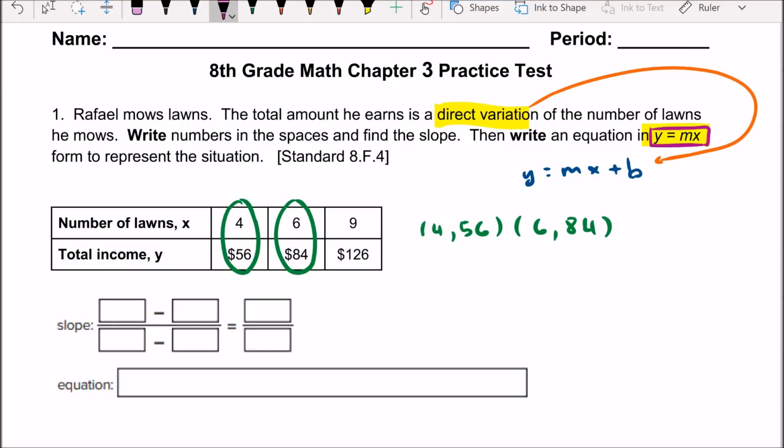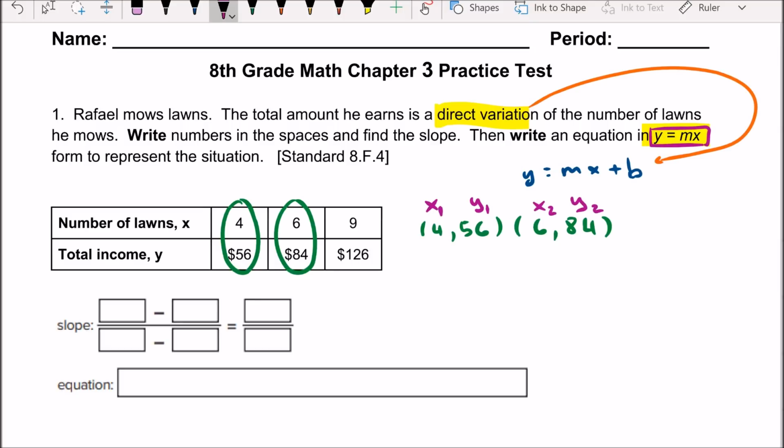And what we're going to do is label them. Every single point has an x and y value. Then we number them. If this one is my first point, it's going to be x1, y1. This is going to be x2, y2. If I have a third point, it's x3, y3, and the next one is x4, y4. So just label which is the first point that you're looking at.